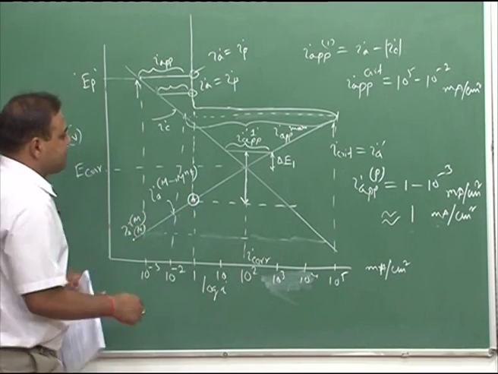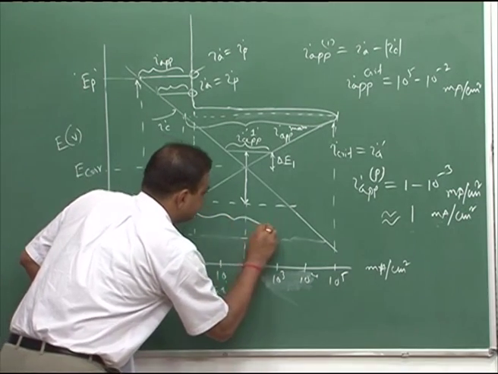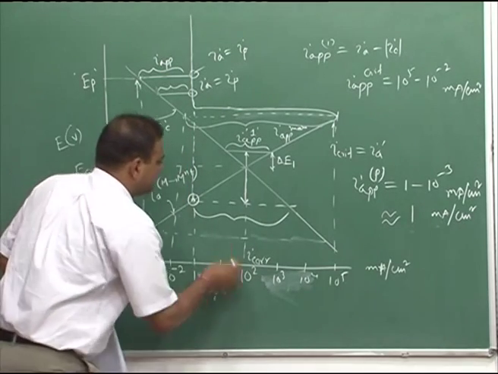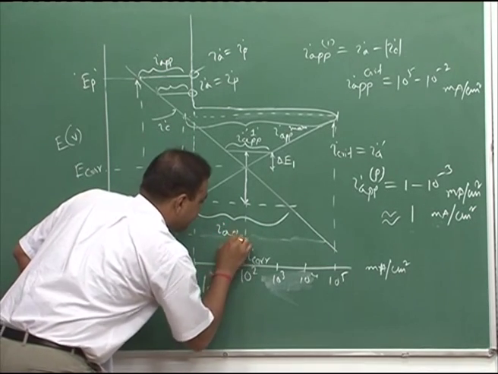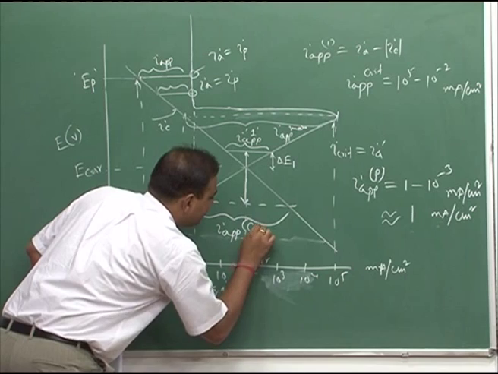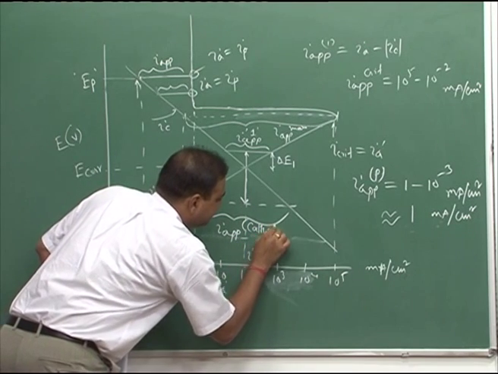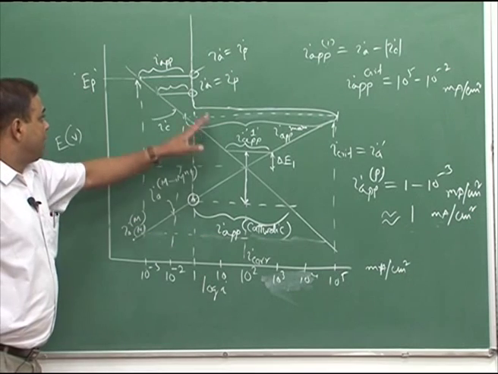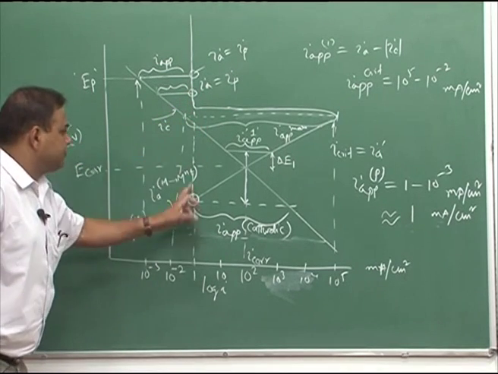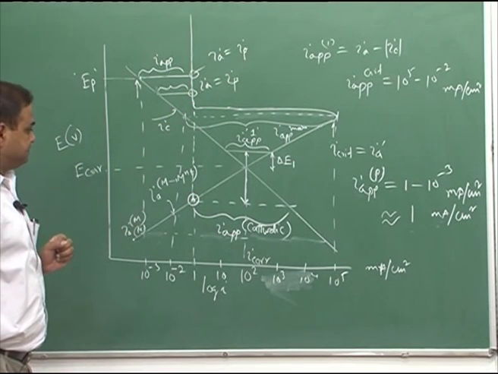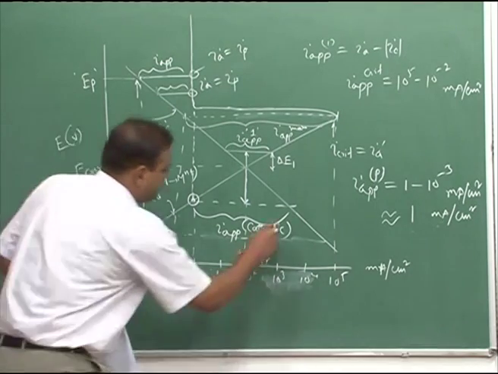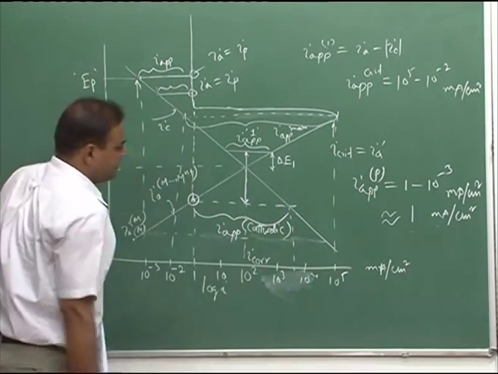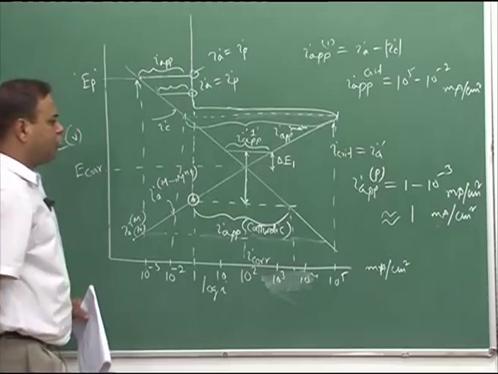So, what would be the applied current that is needed for cathodic polarization? This is I applied if I go for cathodic protection in case of active passive metal, in order to get the same level of corrosion current density. So, that time my value would be, let us say, almost close to 10 to the power 4.